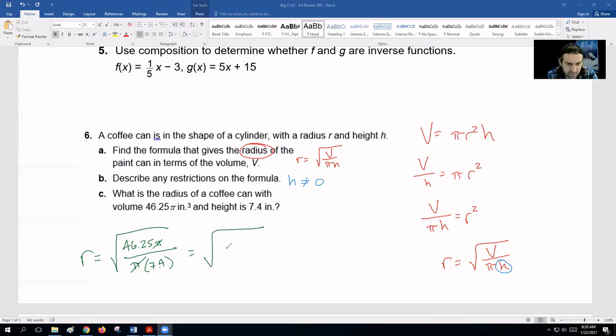Using the calculator, that is 6.25. Then the square root of 6.25 is 2.5. So the radius would be 2.5 inches, which is super easy once we have the formula already by itself.